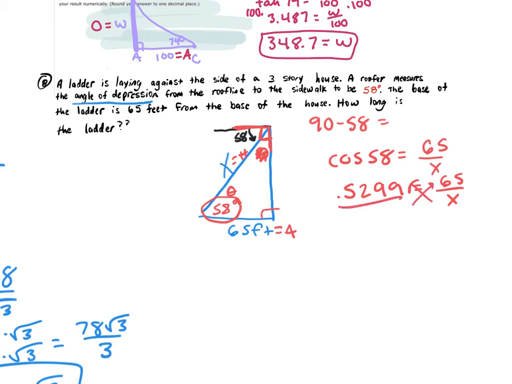We would just say this is 0.5299 over 1. So we would get 0.5299x is equal to 65. And then we would just divide by 0.5299.